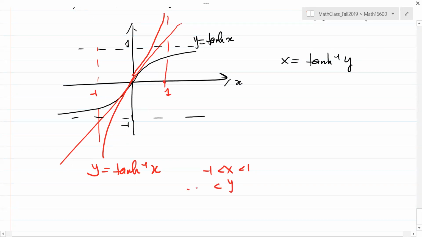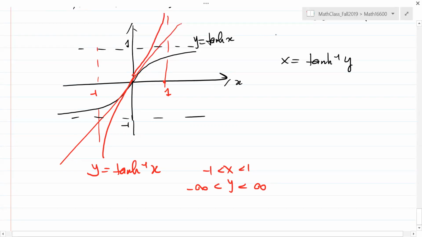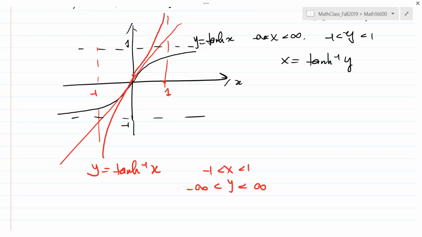And the y value is from negative infinity to positive infinity. But for the hyperbolic tangent x, x is between negative infinity and positive infinity, but the y value is between -1 and +1. So they just switch. Okay. All right. So the next step is to find the formula for the derivative. Okay.